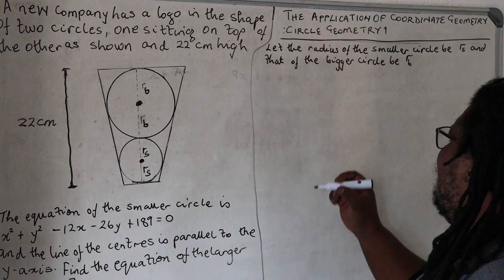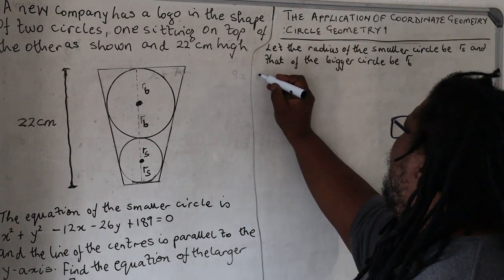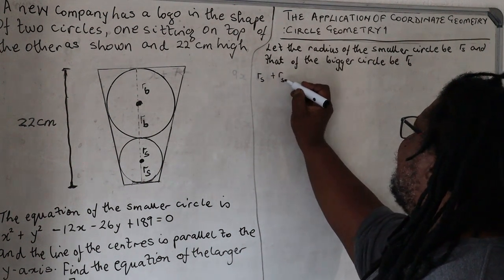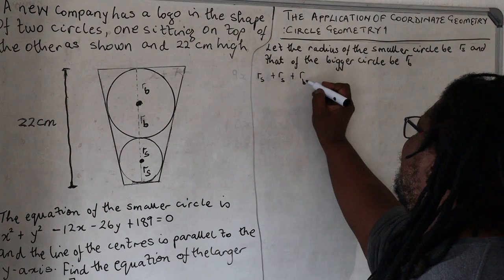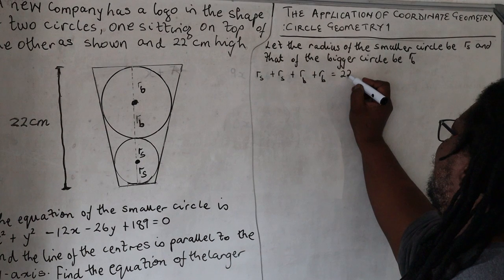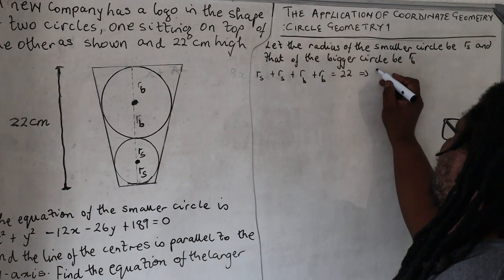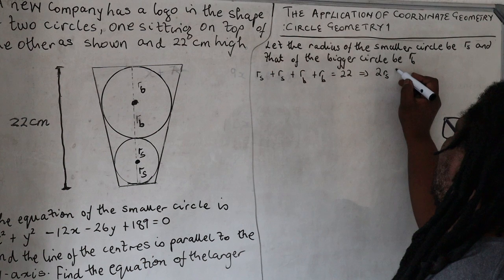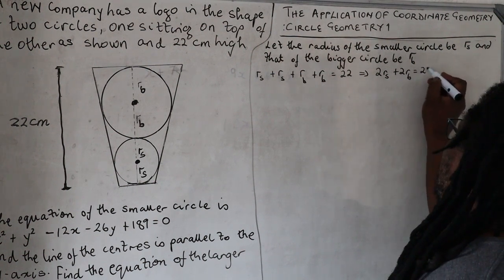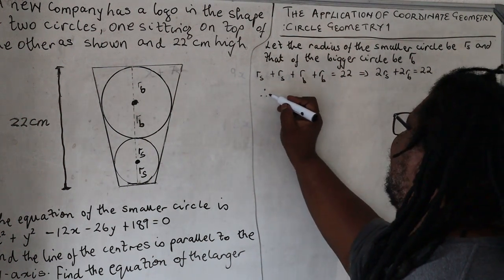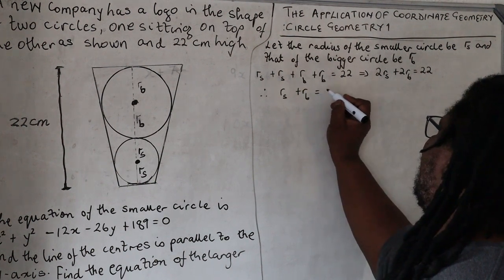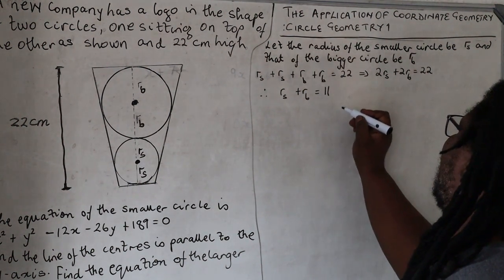So RS plus RS plus RB plus RB equals to 22, and therefore 2RS plus 2RB is equal to 22, and therefore RS plus RB is equal to 11.